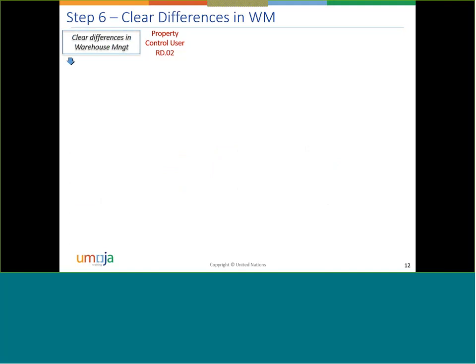Based on the job aids and user guides that I was showing at the beginning of this session, you don't just simply go through this process and then clear differences automatically, okay? You should always solve some of the issues prior to clearing the differences in warehouse management. So even though it seems like one of the last steps, it is that critical step where you're supposed to make a decision and say, do I fix these issues or do I move on?